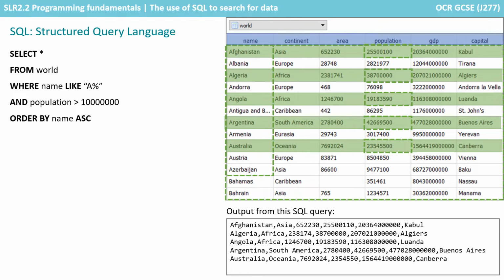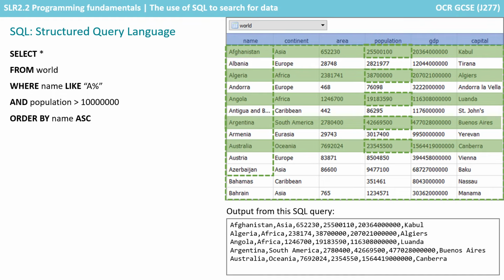But then we add on the AND clause. So we don't just want to return all the rows or records that start with an A, there's also a second criteria that has to be met. So the population field has to have a value greater than, and I think that number there is 1 million. So we're now filtering, we're sub-selecting.